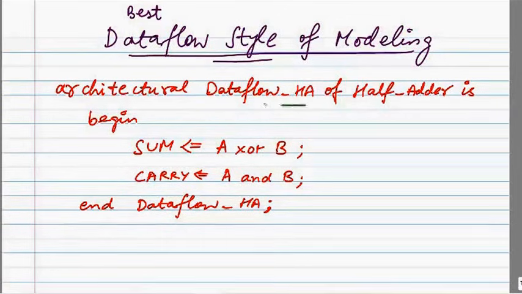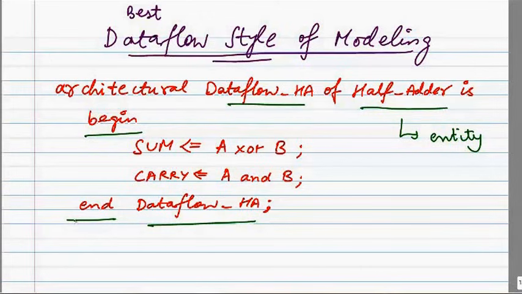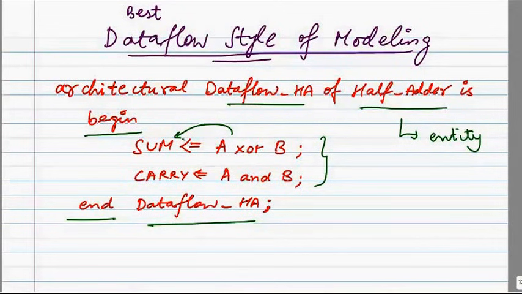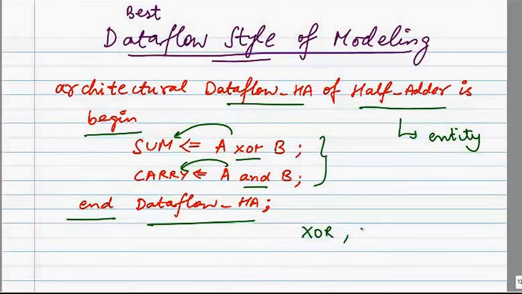As you see, this was the user defined term, but this term has to be same as my entity. I use the keyword begin, I use the keyword end, and then I just specify the data flow, which is A XOR B, assigned to sum, carry gets assigned A AND B. XOR and AND are keywords which will then specify an XOR gate or an AND gate.